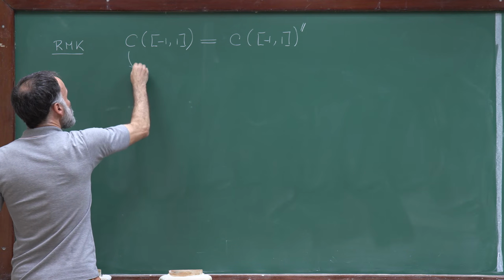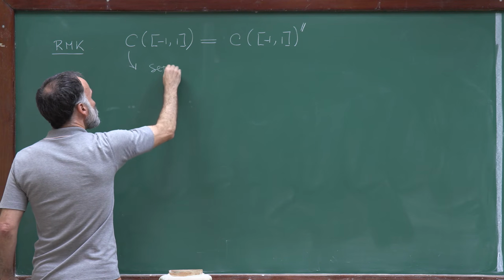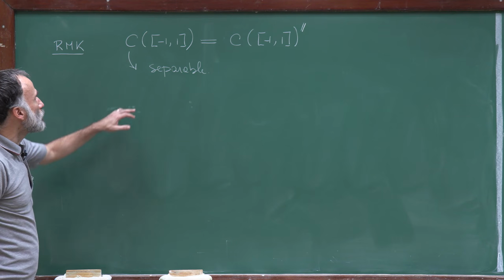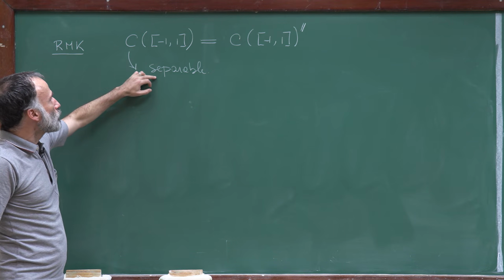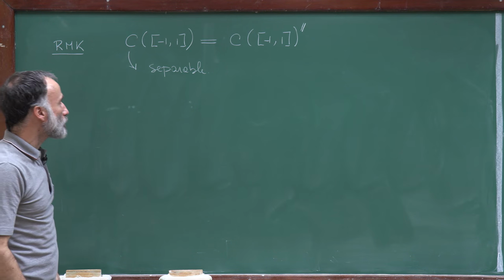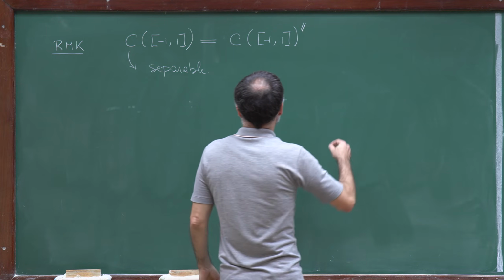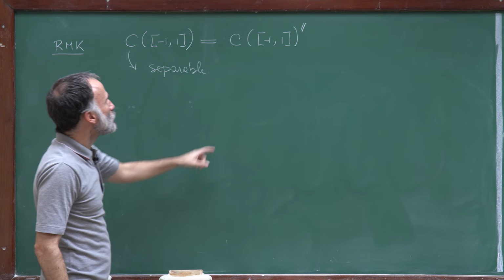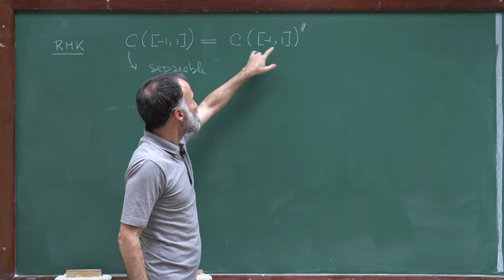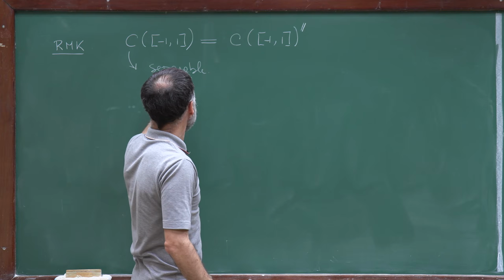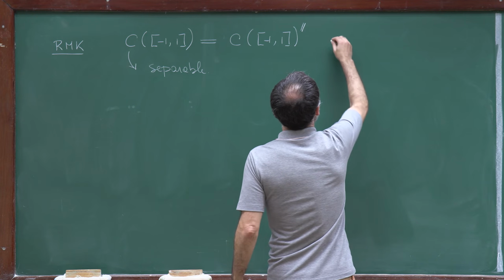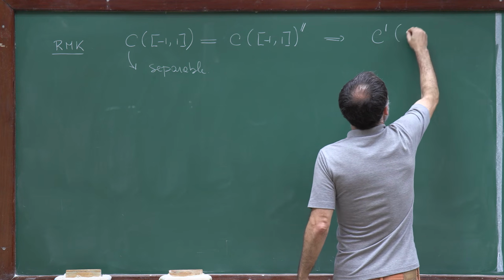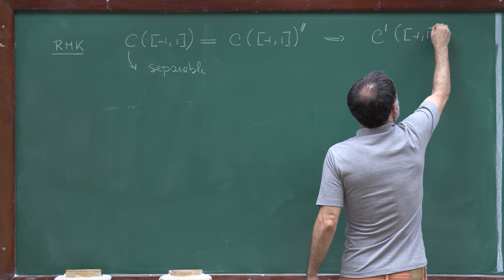Well, we know that this space is separable. It is easy to construct a countable dense family of continuous functions. So if those two spaces are equal, that would mean that C double prime is separable, and by the previous theorem, that will say that C prime on [-1, 1] is separable.